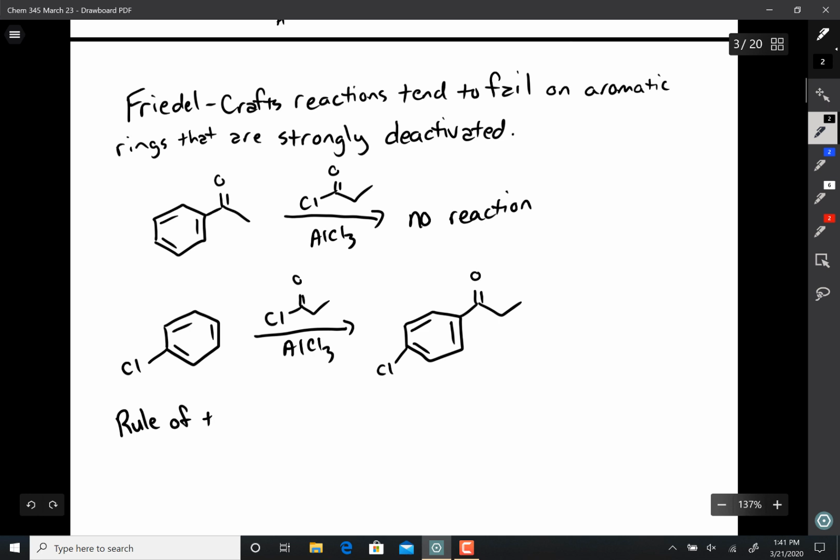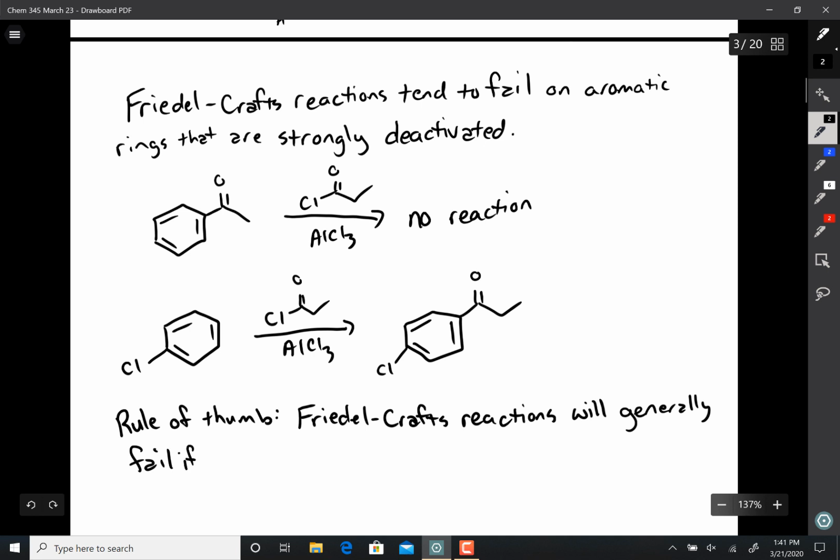So here's a rule of thumb. Friedel-Crafts reactions will generally fail if there is a meta director on the aromatic ring.